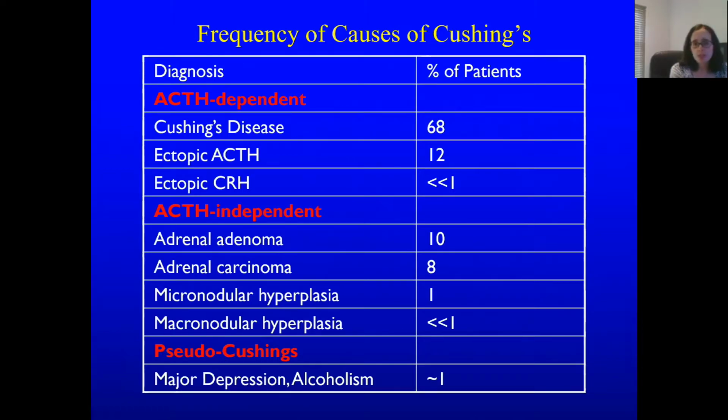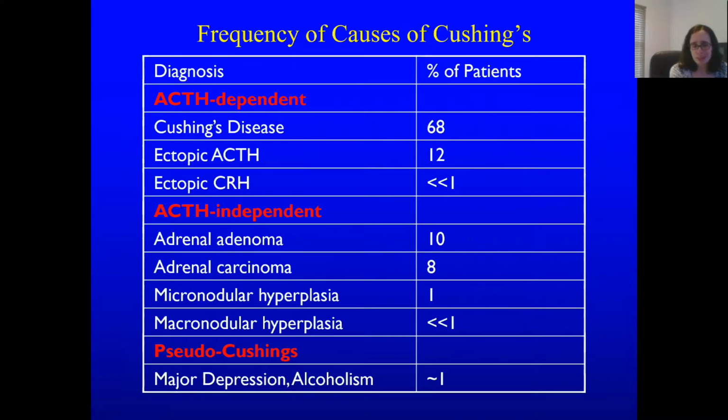When we do see real endogenous Cushing's, most patients are ACTH dependent. Cushing's disease indicates a pituitary source, whereas Cushing's syndrome is the term we use for an adrenal source. About 68% of patients with Cushing's usually have a pituitary source, 12% with ectopic ACTH production.